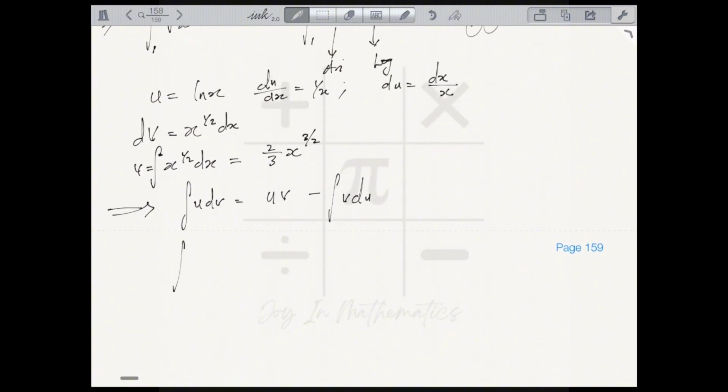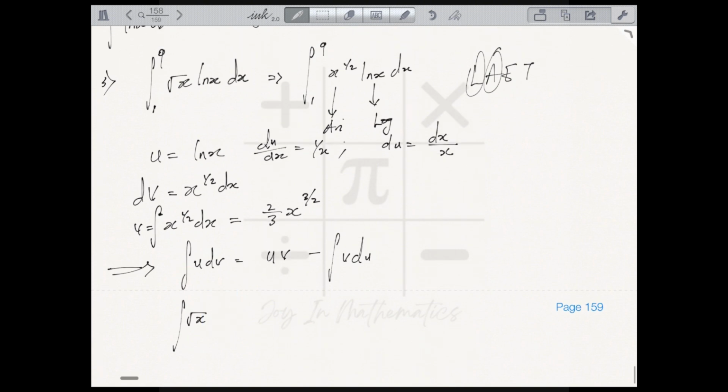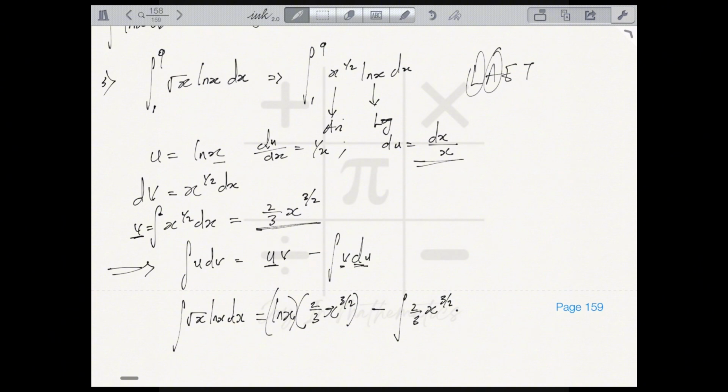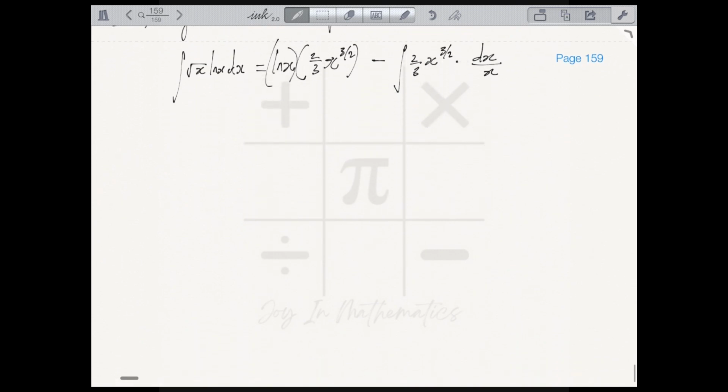Our u dv is the question itself, which is root x ln x dx, and our u, which is ln x, our v, which is 2 over 3 x raised to power 3 over 2, minus the integral of our v, which is 2 over 3 x raised to power 3 over 2 multiplied by our du, and our du is dx over x. So let's simplify further.